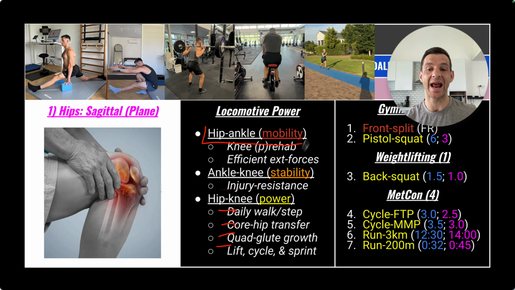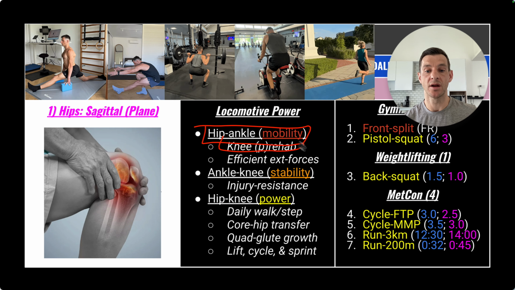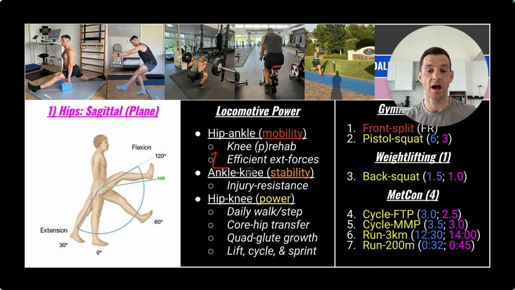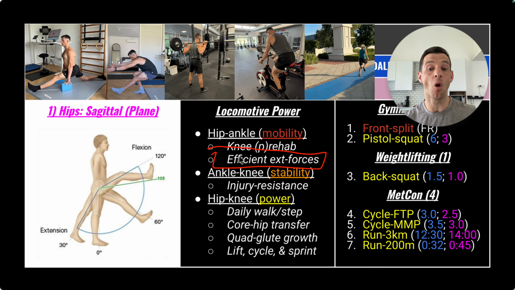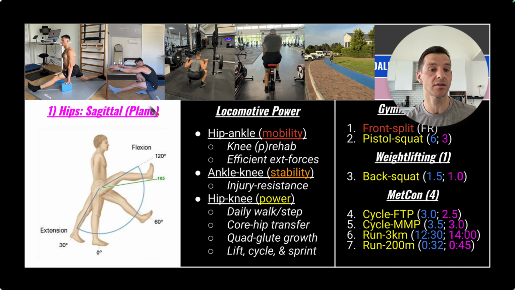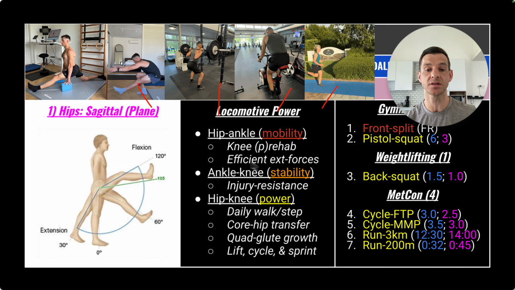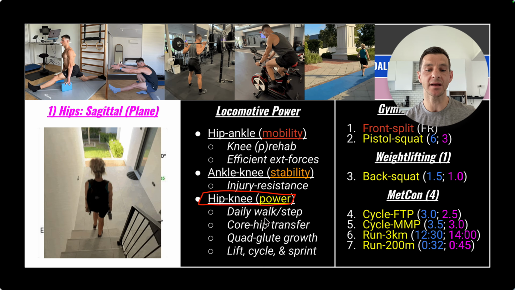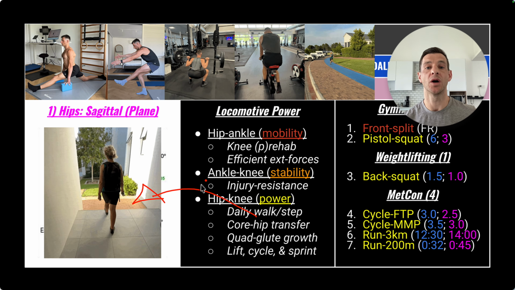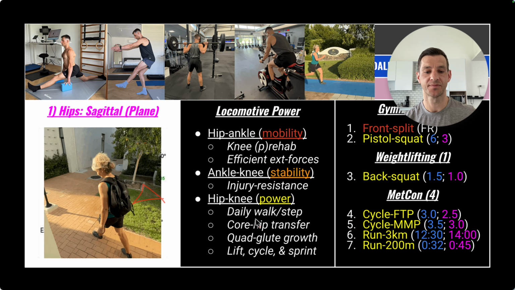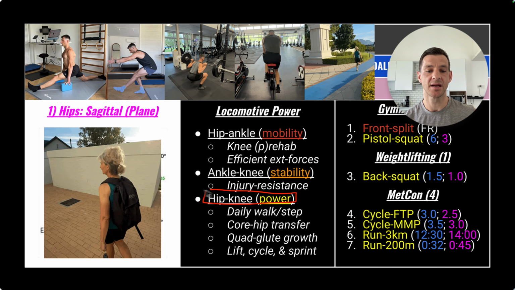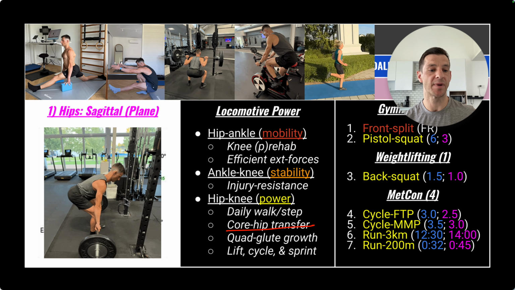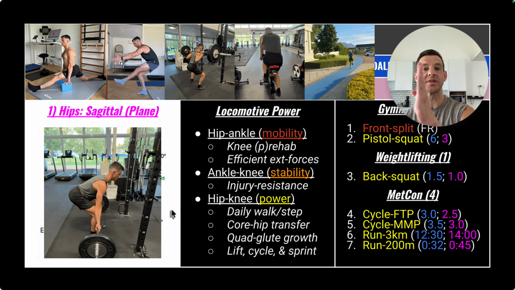Think of hip and ankle mobility as rehab or prehab for the knee. It helps us restore our natural range of motion in the hips for more efficient extension forces. Every movement here relies on efficient extension forces. Mastery of dynamic hip-knee power literally makes daily walking and stepping a walk in the park, pun intended. Hip-knee power also transfers to other movements such as hip hinge movements and also lower body movements in the sagittal plane.